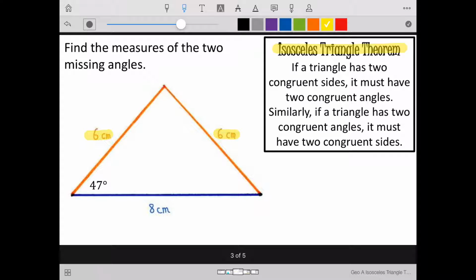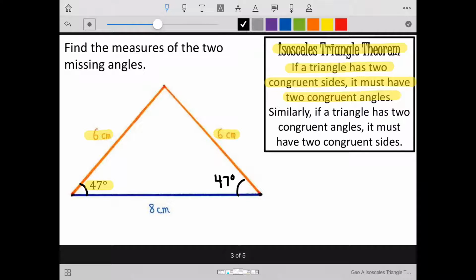And our theorem says if a triangle has two congruent sides, it must also have two congruent angles. So, across from both 6 centimeter sides, those two angles must be congruent. So because this angle is 47, this angle must also be 47 degrees.